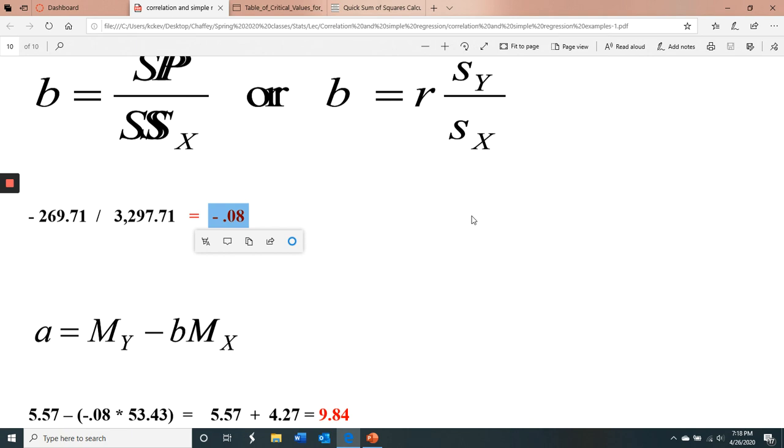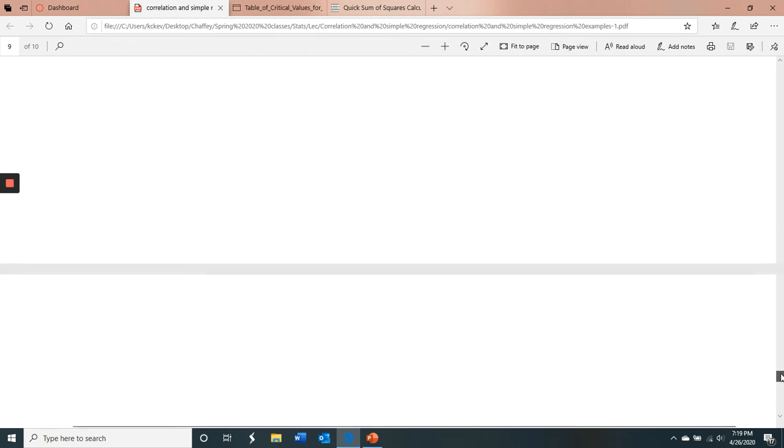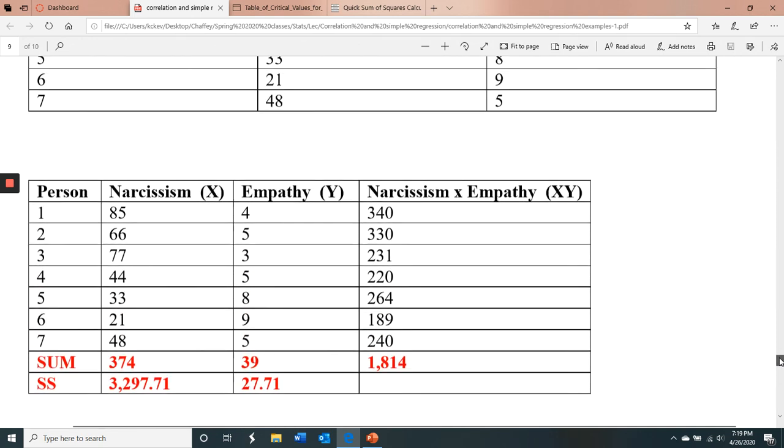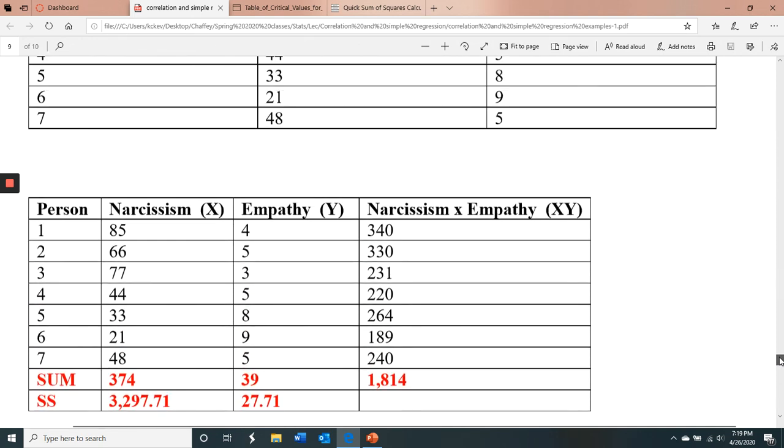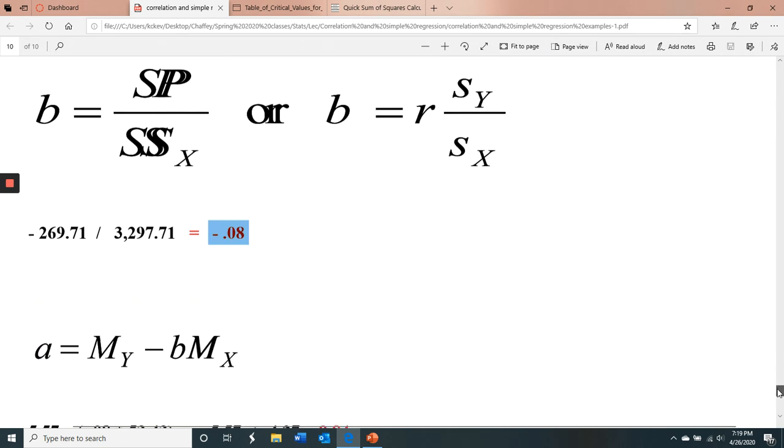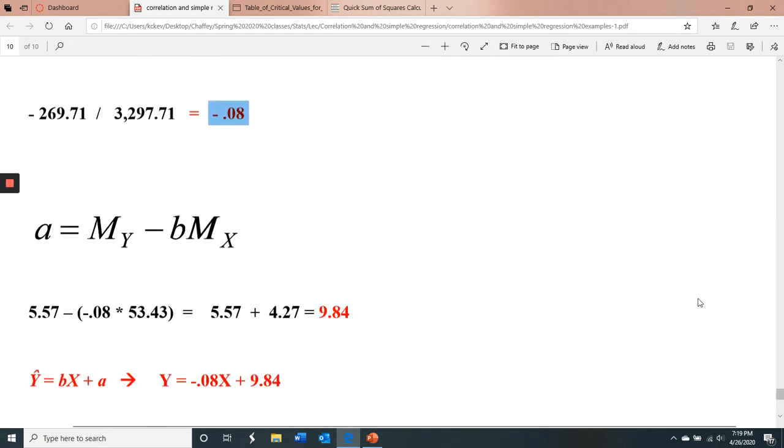And by the way, this slope is expressed in the units of measurement. So this is smaller because the empathy scores were quite low, because it was like under 10, right? The empathy scores were, see? We have 3, 4, 5, 6, 8, 9, so they're under 10. So the slope is going to be pretty small there because we're dealing with pretty low scores.